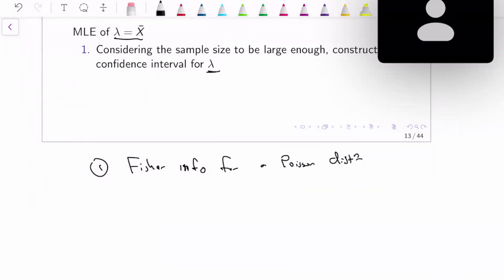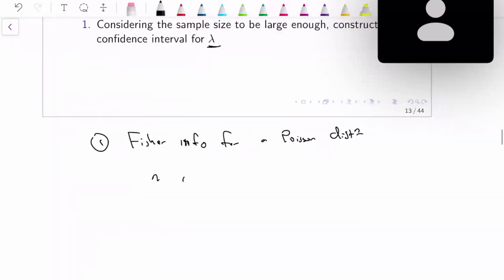So if we have n observations from Poisson(lambda), then to get the Fisher information, we need to get the second derivative of the log likelihood. So we need the likelihood, the log likelihood, and then the first derivative and the second derivative.